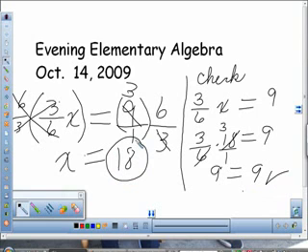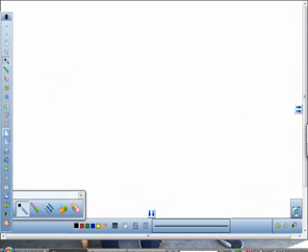The next one we're going to look at tonight is 6x is equal to 42. We're going to go through the questions again, because the more times you hear the questions, the more you'll start thinking that way. The first question: do I have any parentheses?